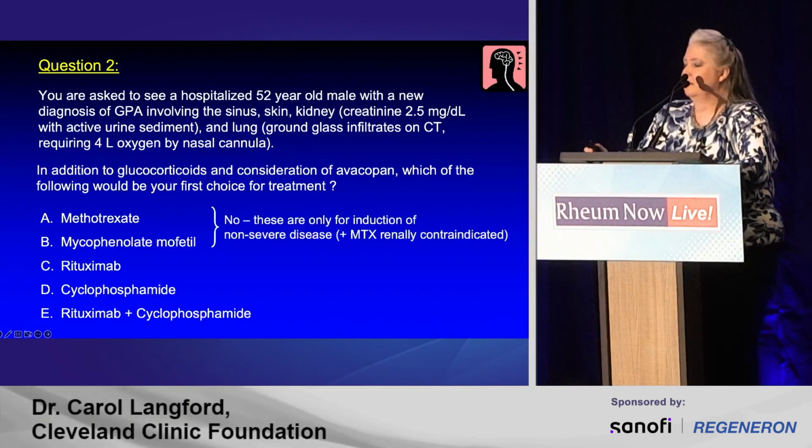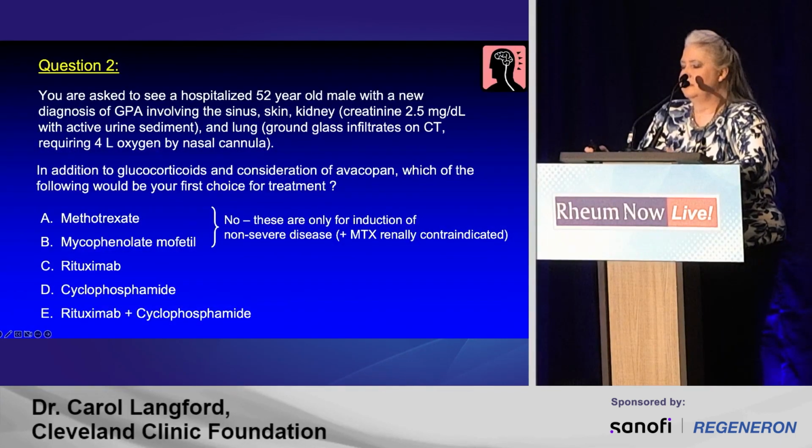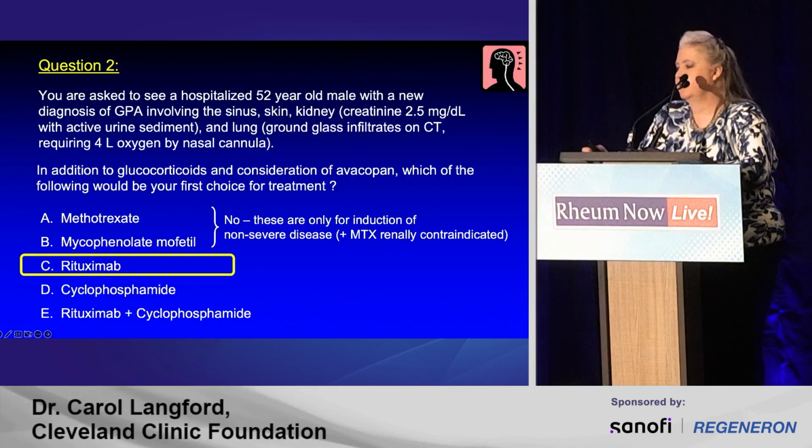In this setting, methotrexate and mycophenolate would not be good options as they are used for induction of non-severe disease, plus methotrexate would be renally contraindicated here, which leaves the other options. What I would probably consider, similar to what most of you said, is to use rituximab with glucocorticoids, or potentially with avacopan.